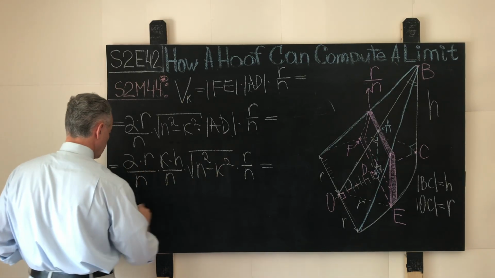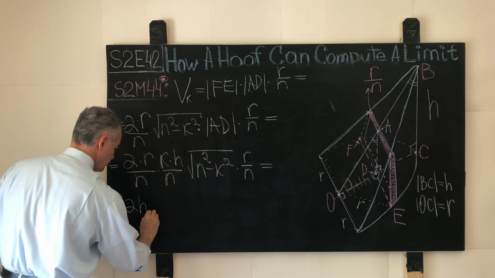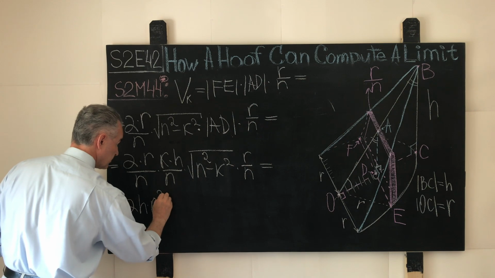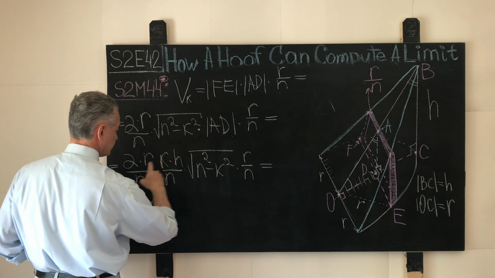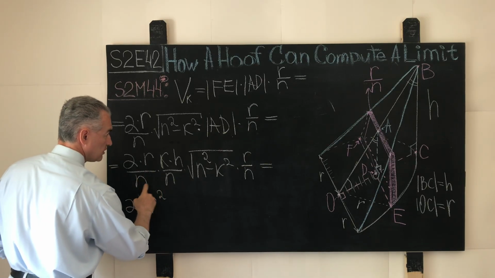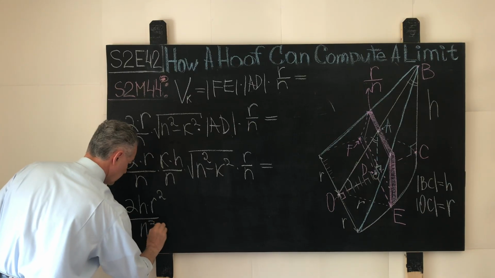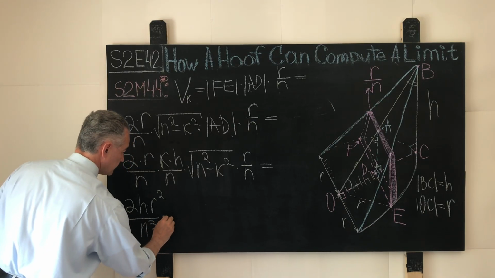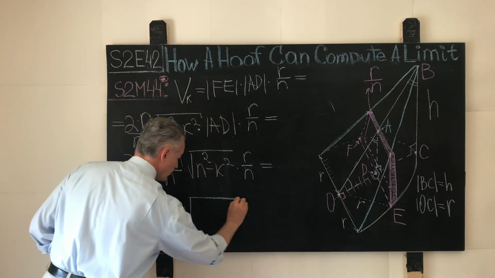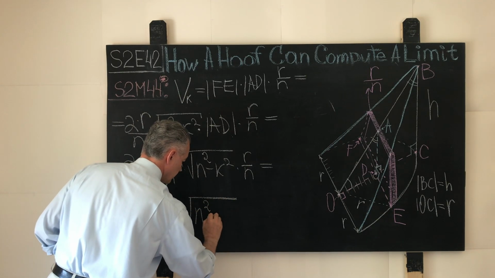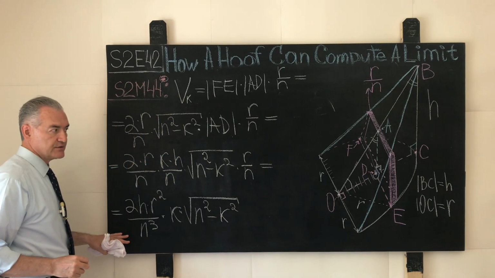R and R, so we have 2, one copy of H, 2H R squared over N cubed times K times the square root of N squared minus K squared. And by now you guys already see where this is going.